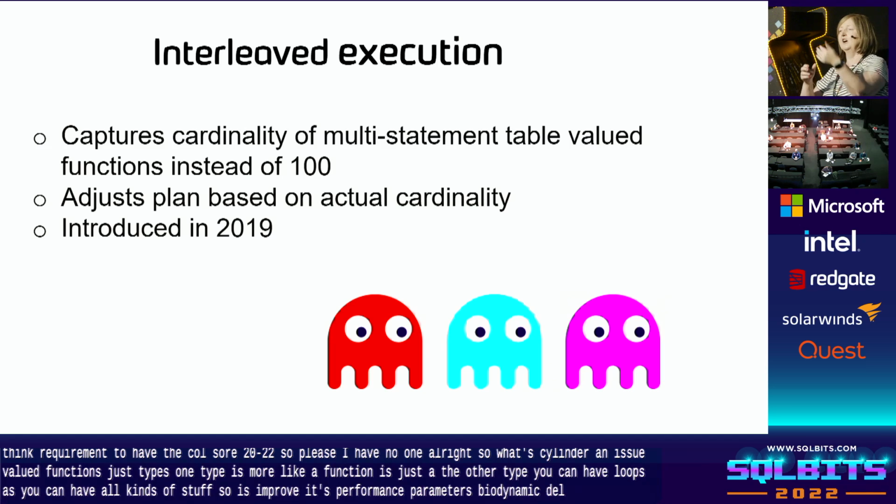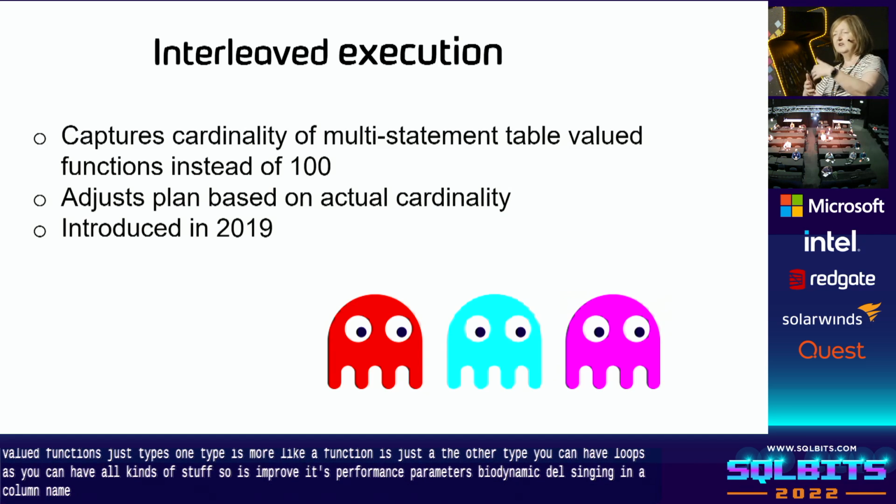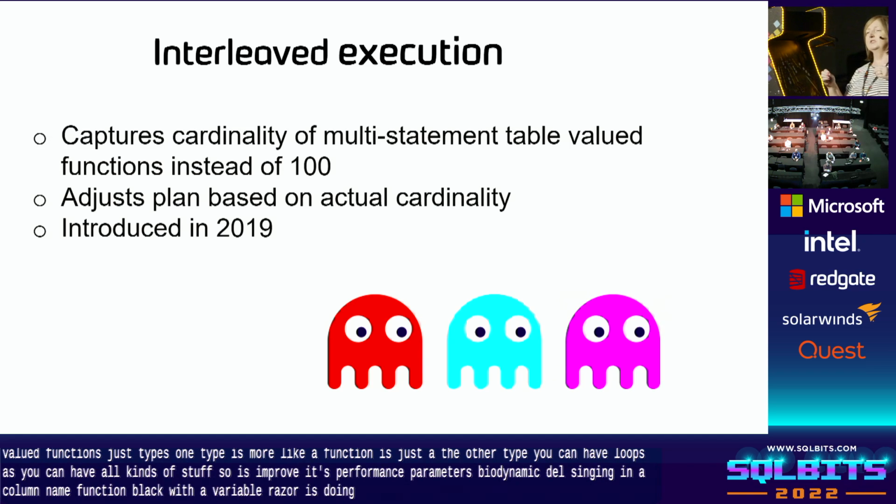If you're sending in a column name, it could be different for every call to that function. If it's no parameters or a hard-coded parameter, like with a variable or hard-coded parameter, what the optimizer is doing is going ahead, materializing that table, not calling it over and over and over. So that's what happens with these.